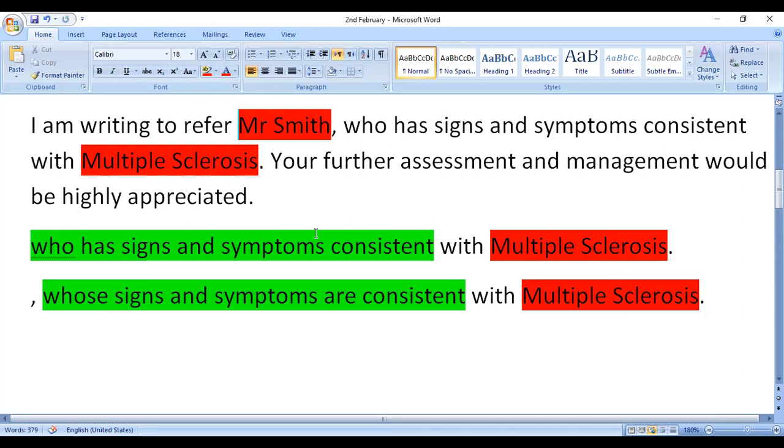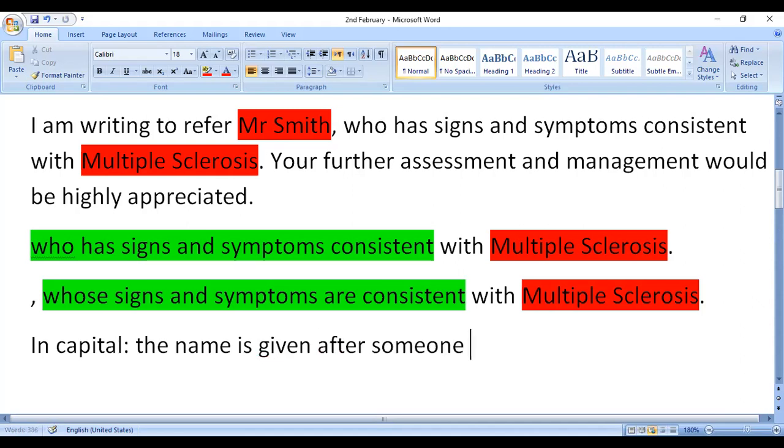Dr. Farah, Dr. Parvinda, Dr. Noman, Dr. Humaira, all of you, excellent. So we use the name of the disease in capital when the name is given after someone's name.